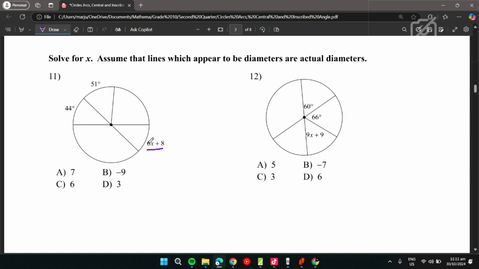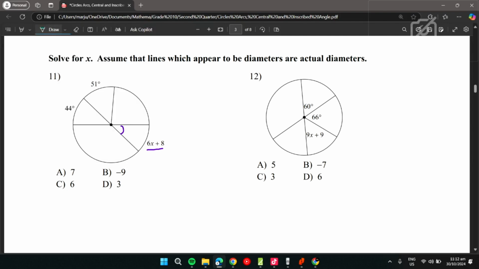How do we do that? Alright? We know, right, that this and this angle are equal or congruent. But we don't know the measurement of that angle. Alright? But, if we go back, look at this one.